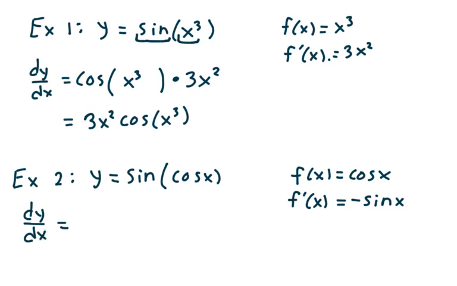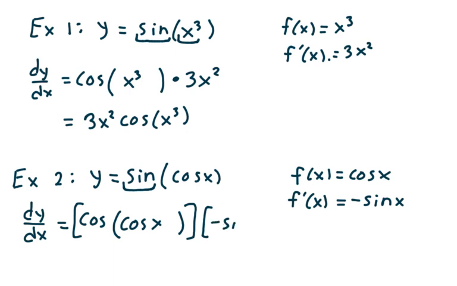dx is equal to, the derivative of this outside function here is cosine of, and I'm going to evaluate that at the inside function. So it's cosine of x. And I'm going to take that answer and multiply by the derivative of that inside function, which is negative sine of x.